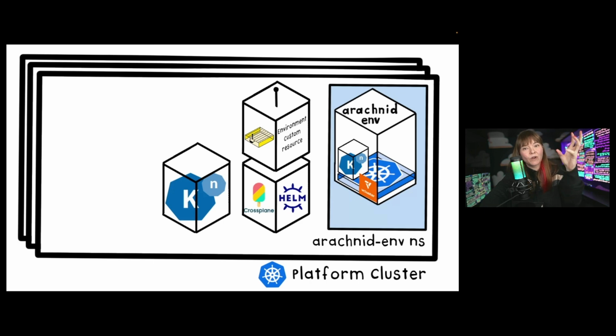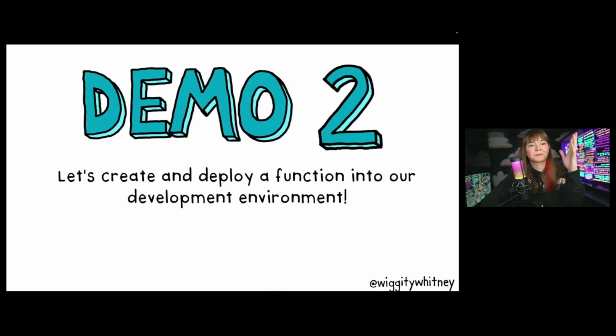They just see their own piece, their own isolated instance. And as I just said, developers can install new tools and software into the virtual cluster too. It's just like a full-fledged Kubernetes cluster. It's using K3s as the control plane for those of you who know, and if you don't understand that, don't even worry about it. Regardless, this is the virtual cluster we're starting with as we start our next demo.